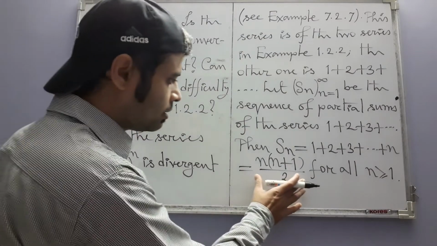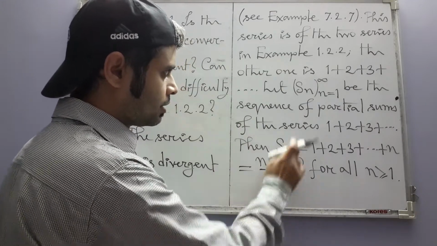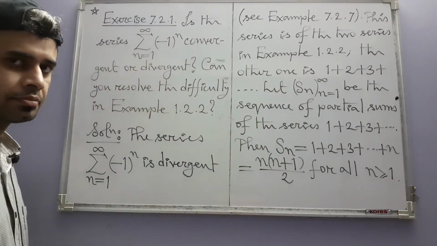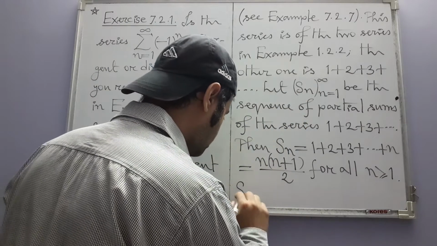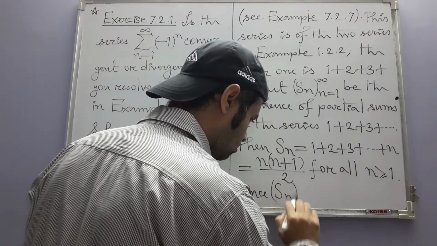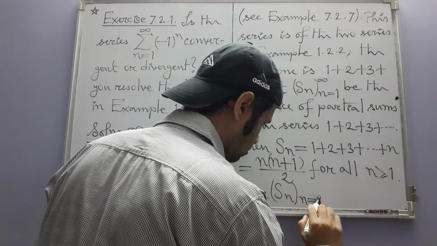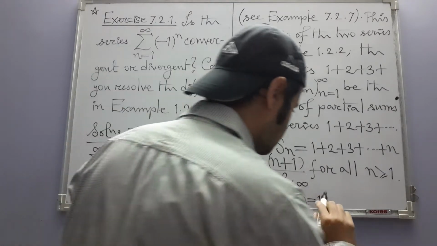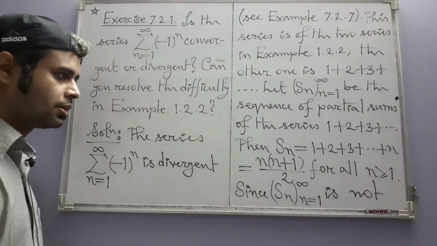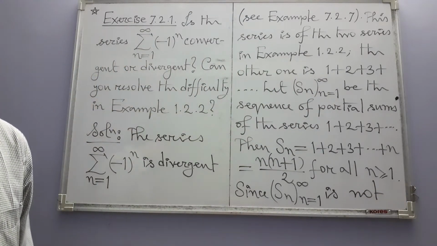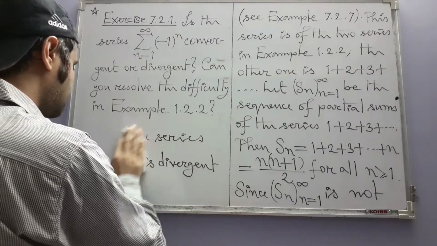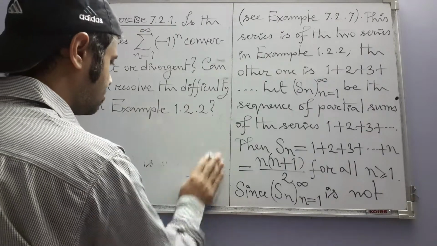And you can clearly see from this expression that the sequence of partial sums Sn is not bounded, since this sequence is not bounded, so it cannot be convergent, because we know that convergent sequences of real numbers must be bounded.